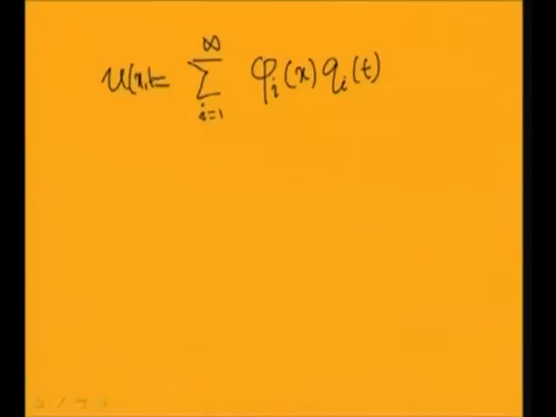The resulting free vibration of the system at any time, that is u of x, t, can be written similar to the discrete system as a summation of the different modes. Here phi i represents the ith mode shape and q i of t represents the ith time modulation.